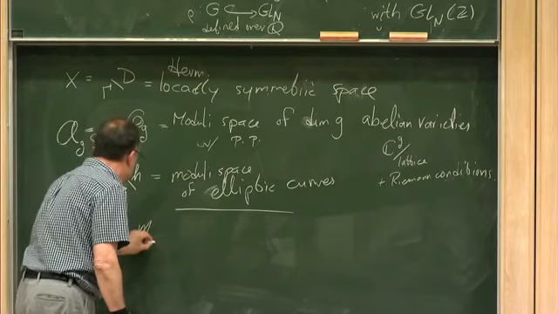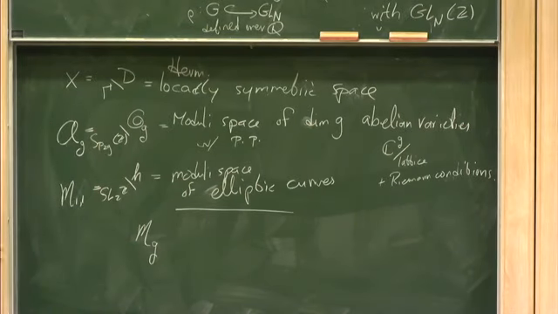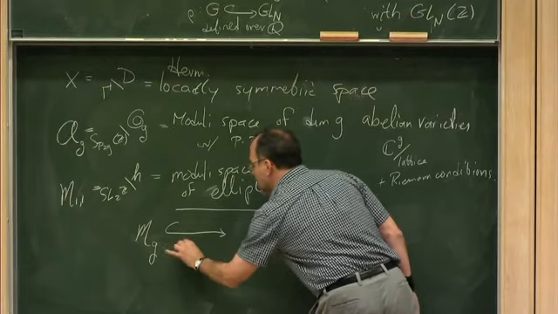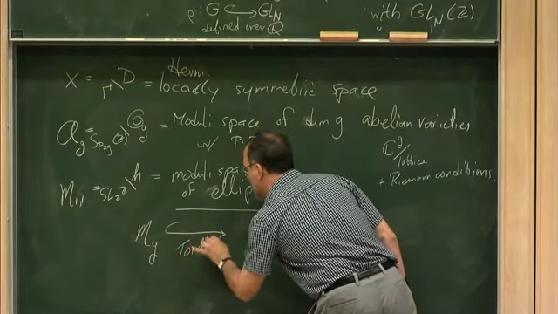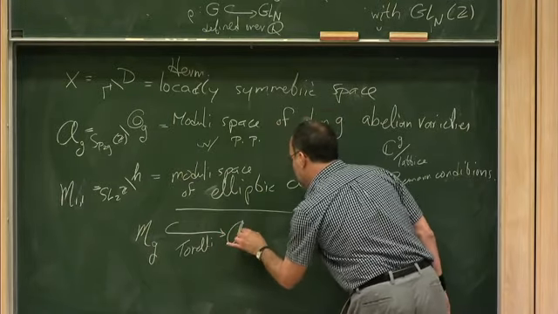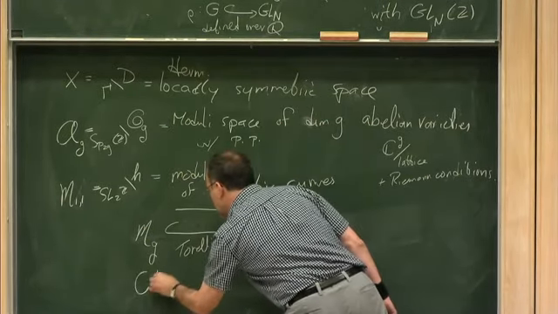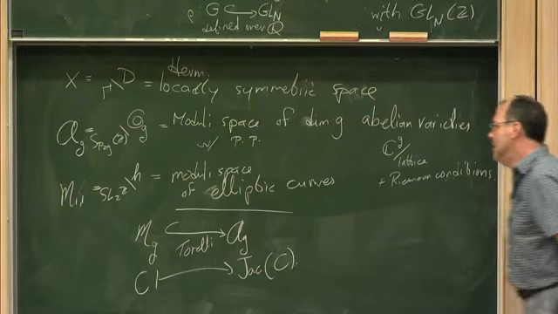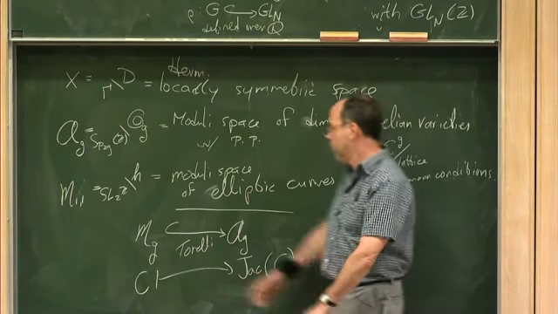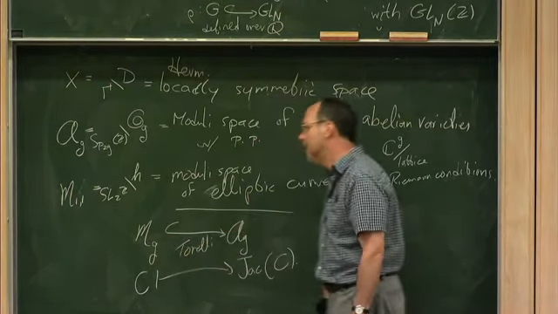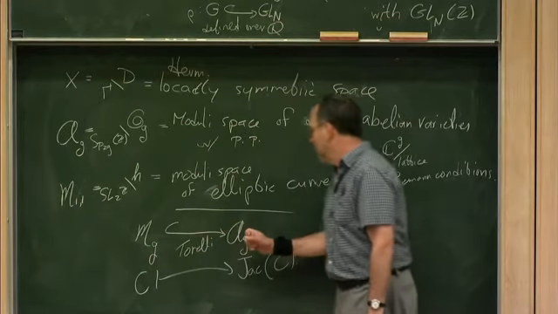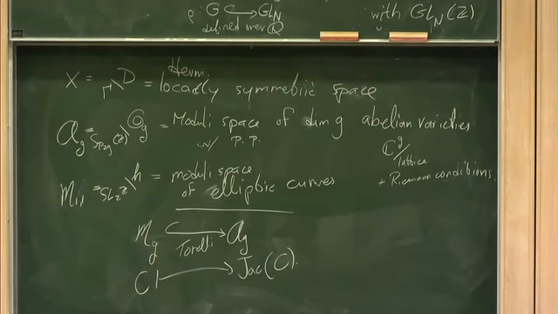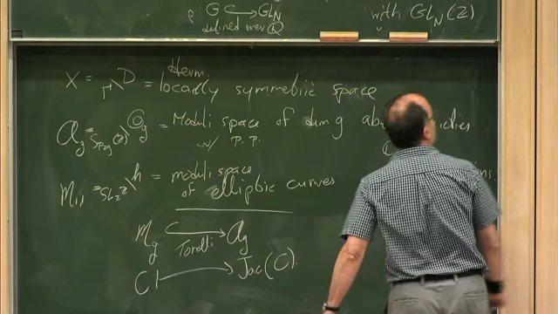If you look at the moduli space of genus g Riemann surfaces, algebraic curves, then there is the Torelli embedding into A_g. That takes a curve and sends it to its Jacobian. So one approach to trying to understand M_g, and not an easy approach, is to try and understand its image inside of A_g. So it's important then to understand A_g better.